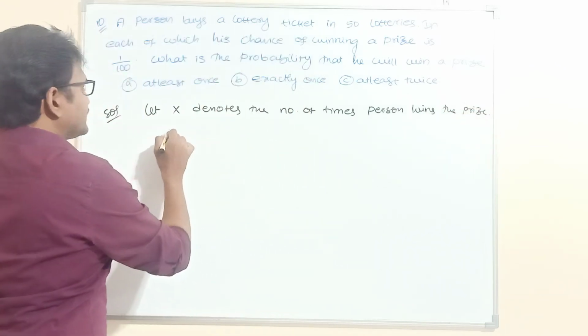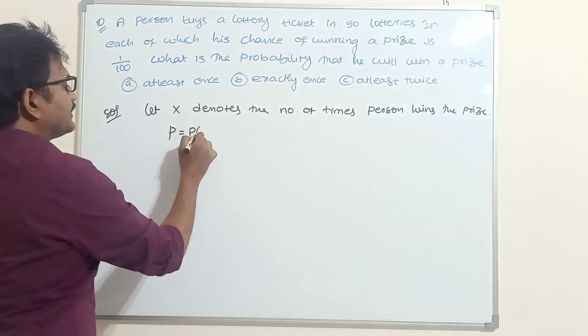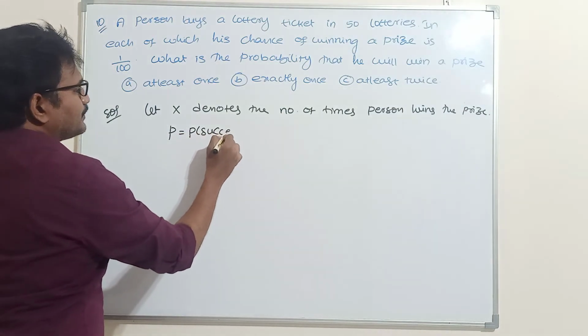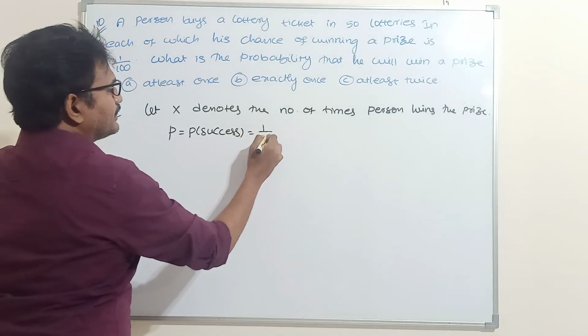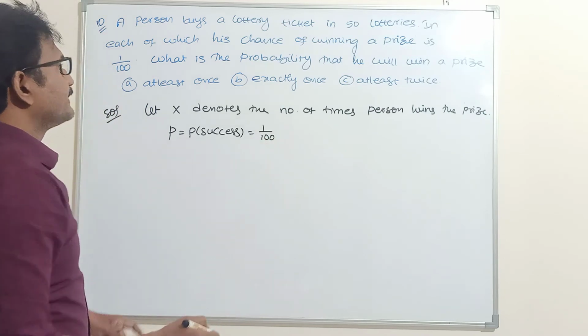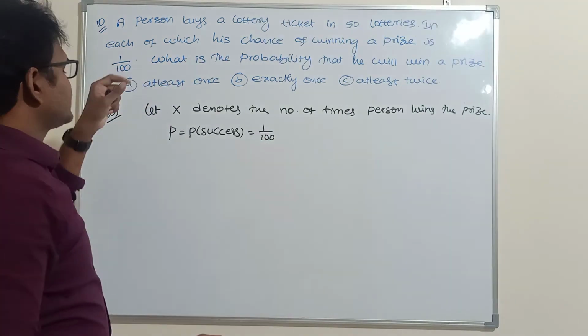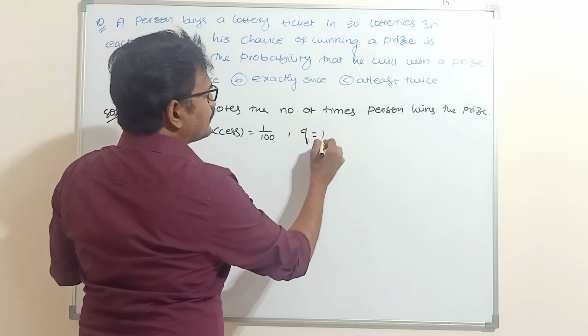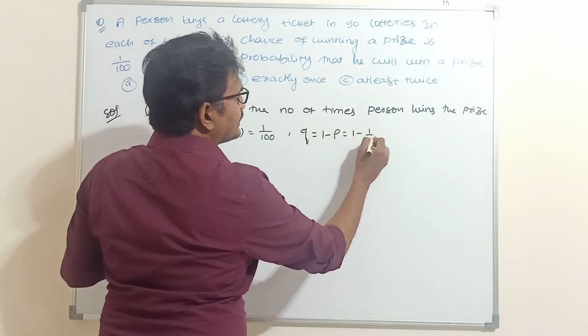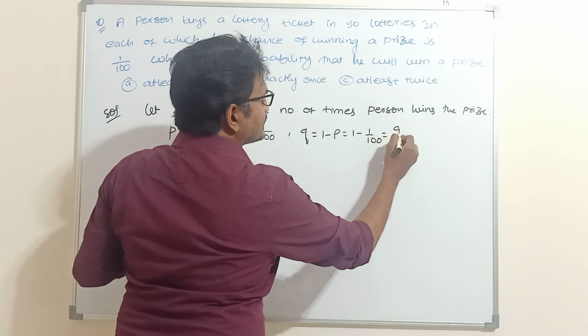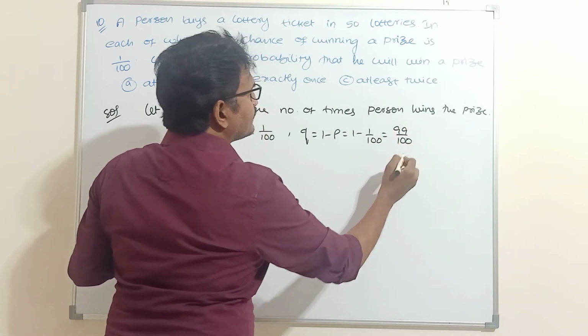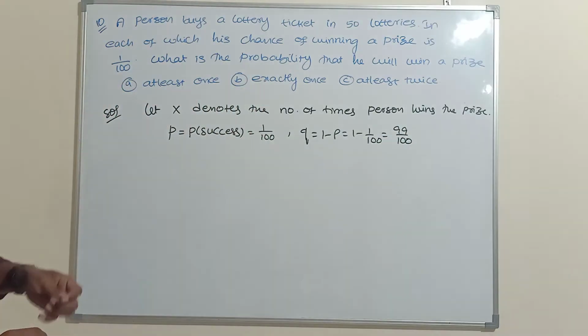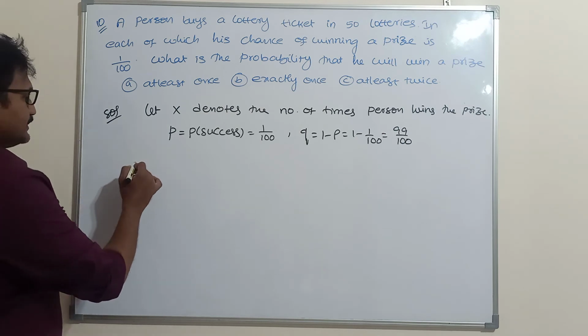Next, P is directly given in this problem: the probability of success, his winning chance, is 1 by 100. Then the failure chance is Q equal to 1 minus P, 1 minus 1 by 100, that means 99 by 100.